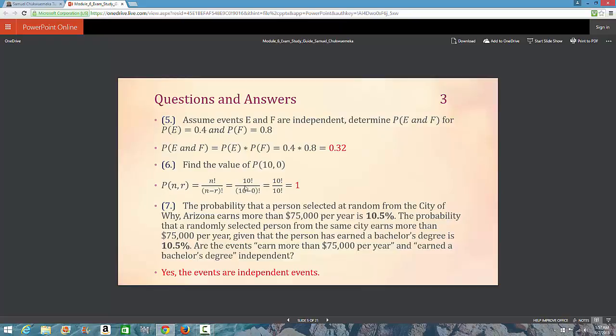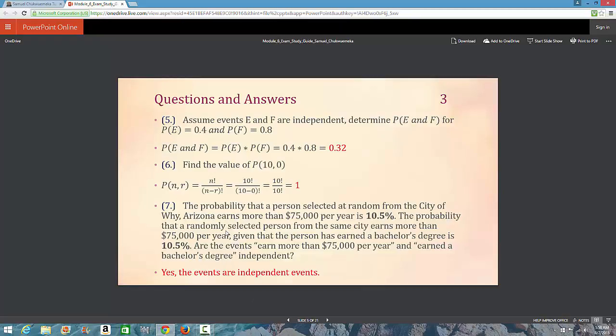So we use the formula n factorial divided by n minus r factorial, and when you do that, you get 1. So please, when you view the prerequisites, then you have a better understanding of what we did, because we did it in our previous videos.